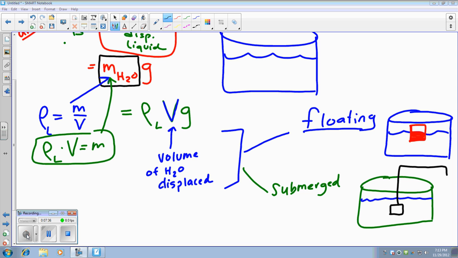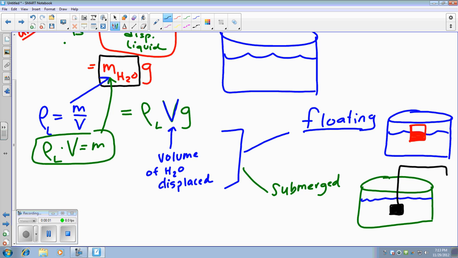Now, submerged is a whole different story, and submerged or sunk into the bottom are going to be the same situation here. We commonly see these scenarios. We're going to see a beaker, the object is underwater, but it's being held by a string so that we actually have it just kind of submerged, hanging out in the middle of the beaker like this. And in this scenario, the volume is actually going to be equal to the volume of the block.